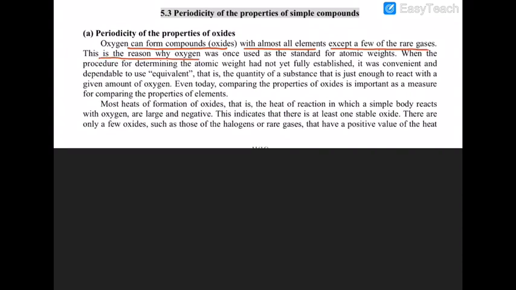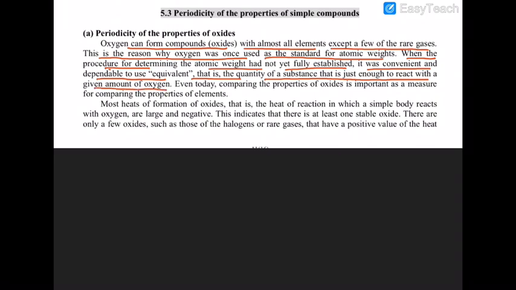This is the reason why oxygen was used as a standard for atomic masses. When the procedure for determining atomic mass had not yet been established, it was a convenient and dependable way to use the equivalent, that is, the amount of oxygen that reacts with the substance to form the compound.